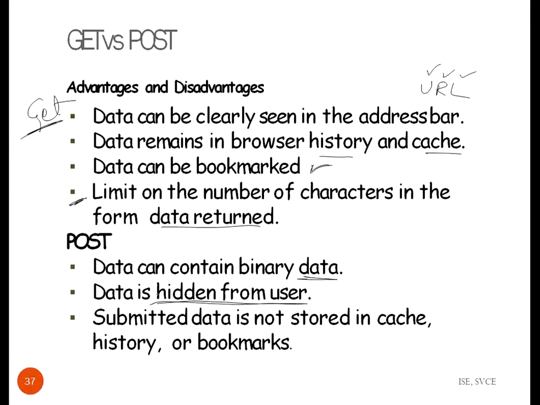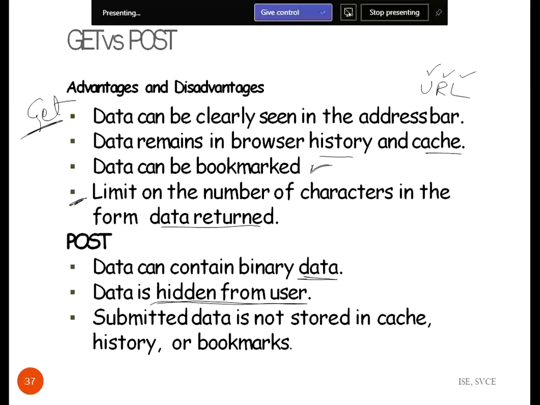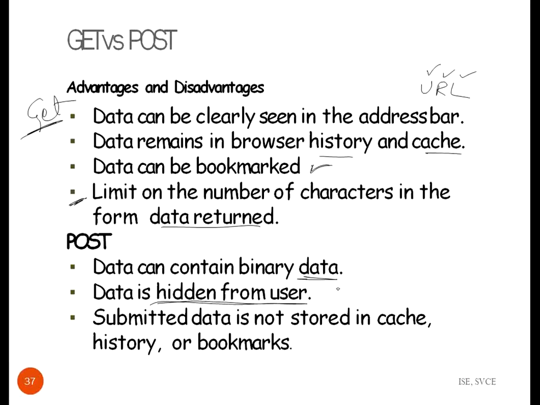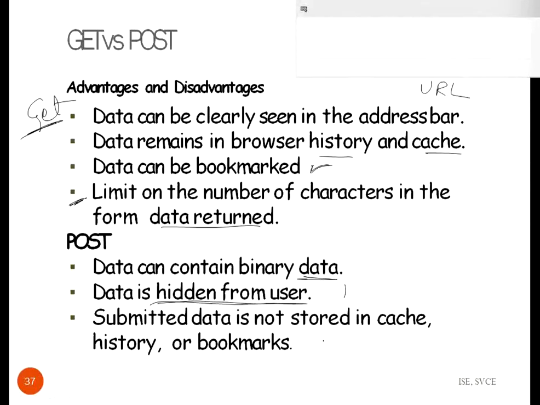Because it is not added in the address bar or in the URL, it is going to be in the HTTP header. Because of that, it is not possible for other users to view it while it is transmitting. Another advantage is that submitted data is not stored in the cache, history or bookmarks.